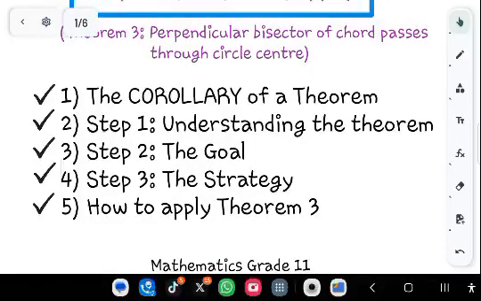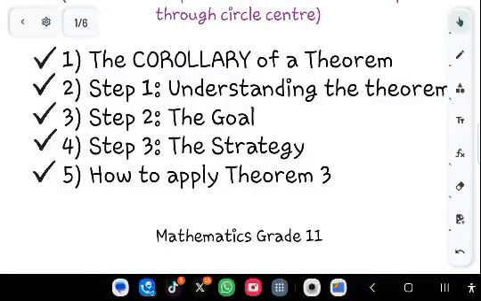We're going to do a deep dive on the theorem. Number three, step two of the proving process, and that is the goal. What is the goal? And step number three, which is point number 4, the strategy. How are we going to do this?